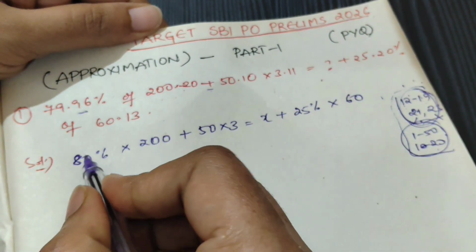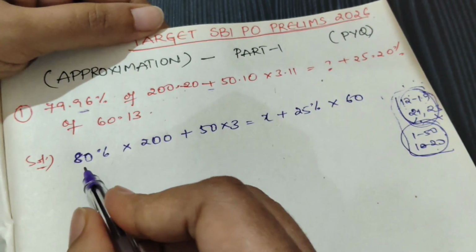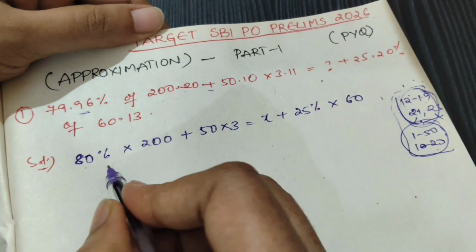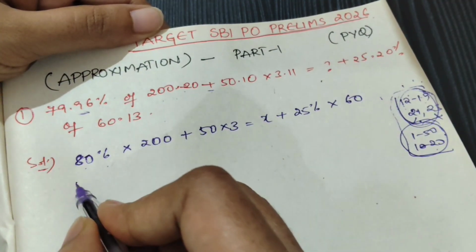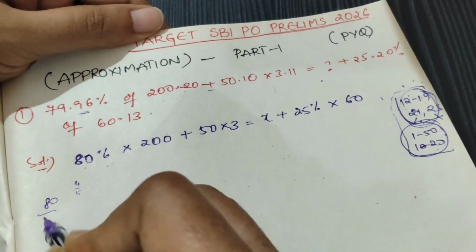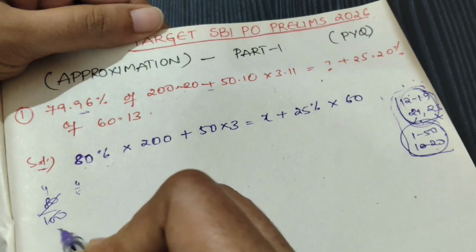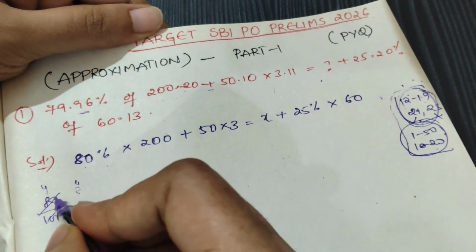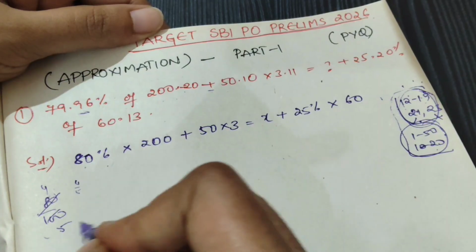Now 80%. 80% means you can write 80 by 100 normally, or you can write 4 by 5. These are less time taking than writing bigger numbers, so try to keep it simple.